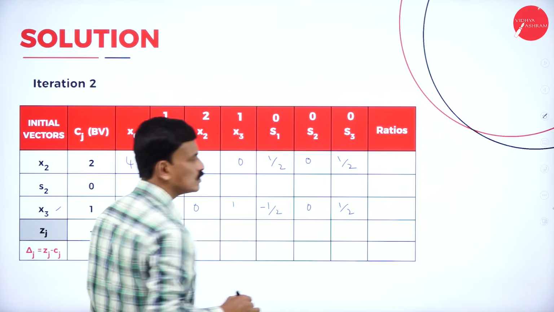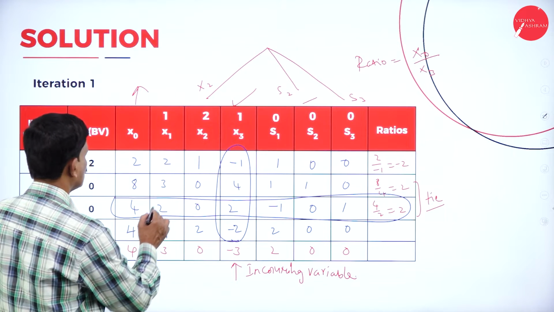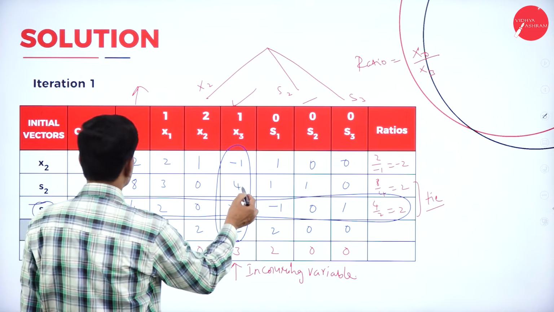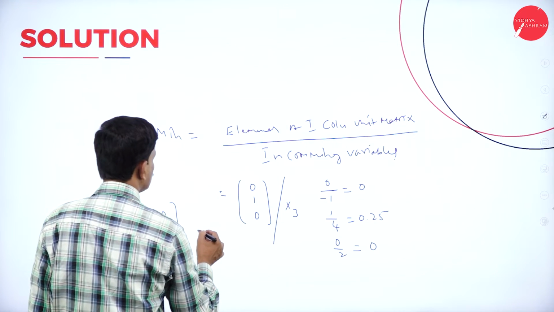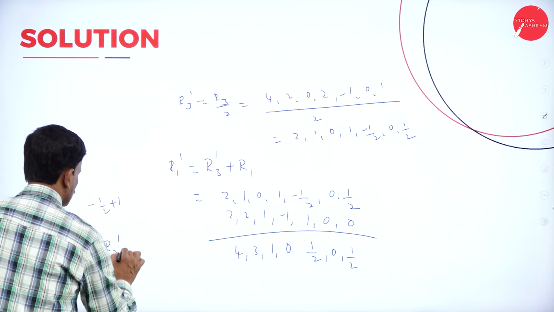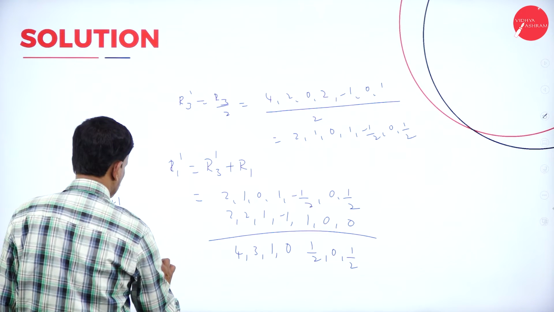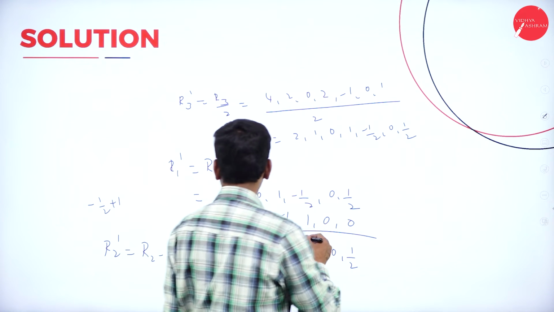Okay. Finally, find out R2 dash. Here, convert this 4 as 0. So to convert this 4 as 0, we can use R2 dash is equal to R2 minus 4R1. So what are the elements of R2 dash?